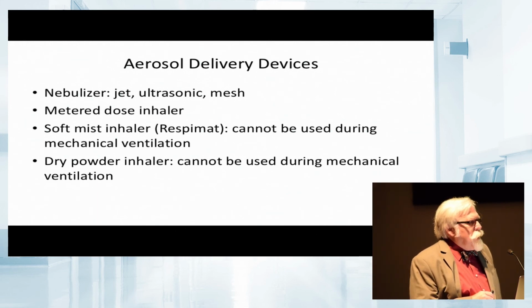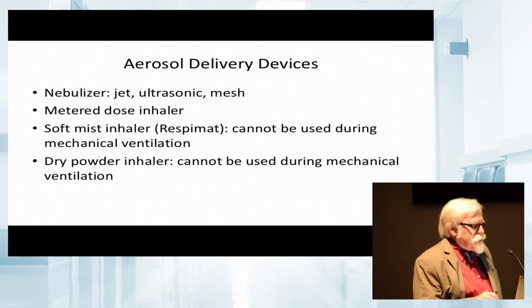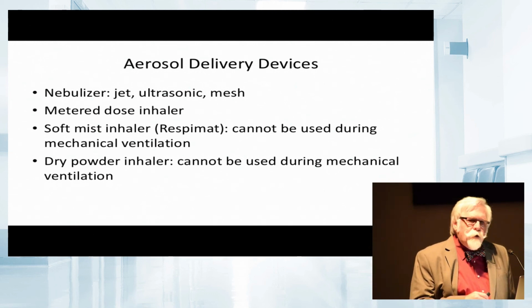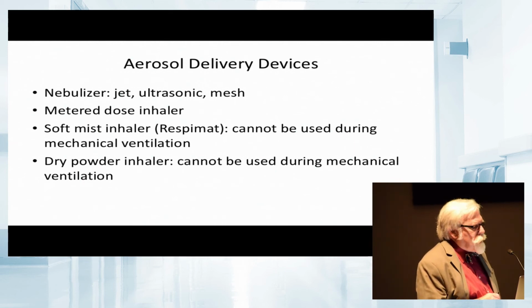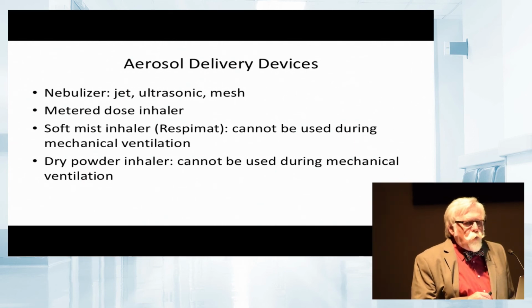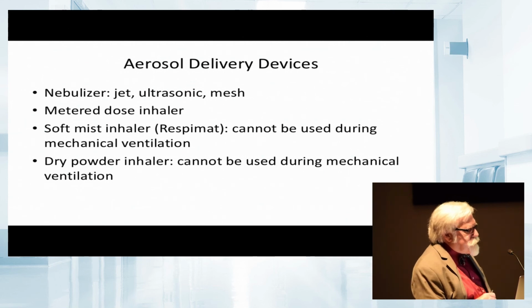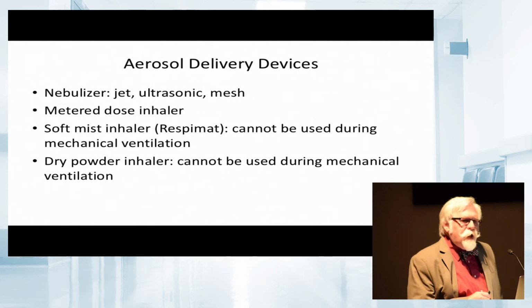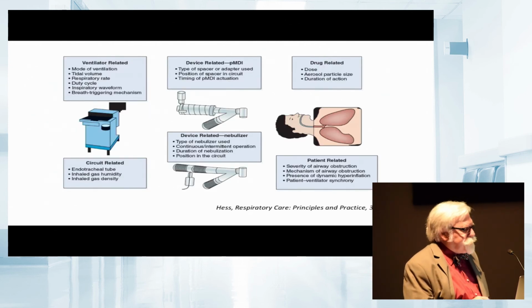We cannot, during mechanical ventilation, use a soft mist inhaler like the Respimat or a dry powder inhaler because these devices currently are not available to be used in a ventilator circuit. However, there are prototype devices under development to allow the use of the soft mist inhaler during mechanical ventilation, and I'm sure we'll learn more about that in the near future.